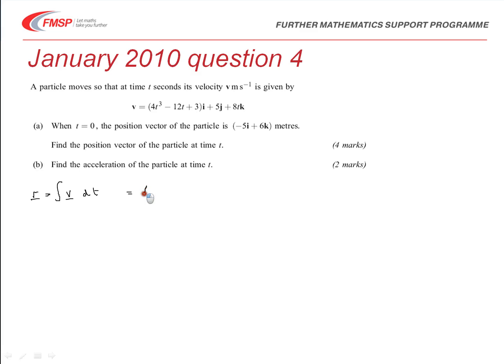So firstly we've got to integrate the i component, so the integral of 4t cubed will be t to the 4th. The integral of 12t is minus 6t squared, and the integral of 3 is 3t. And then we need to remember that since we're integrating, there is a constant of integration, so I'll call that constant c1.